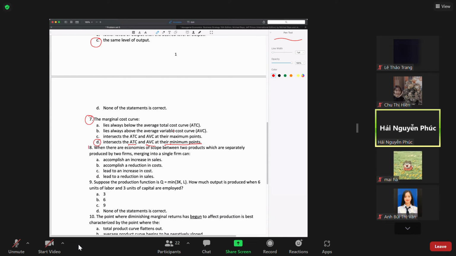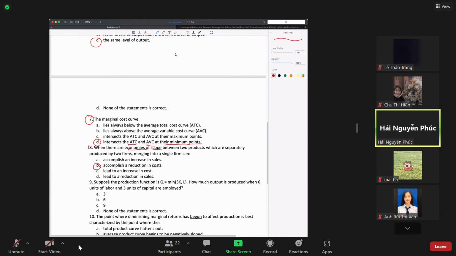What is the definition of the economies of scope? Once again, pretty simple. B. Yes, that's correct. It means that producing jointly will lower the cost than producing separately.